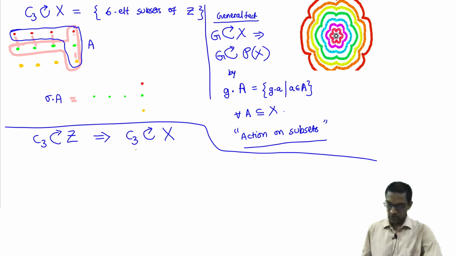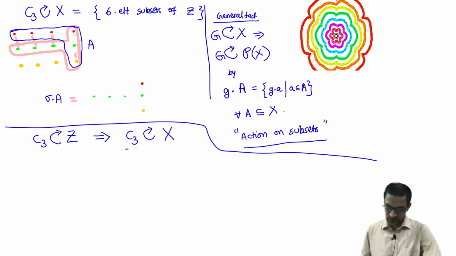If I have a subset of Z which has 6 elements and I act a group element on that subset, the new subset also has 6 elements. So this is the action on subsets of a given cardinality.